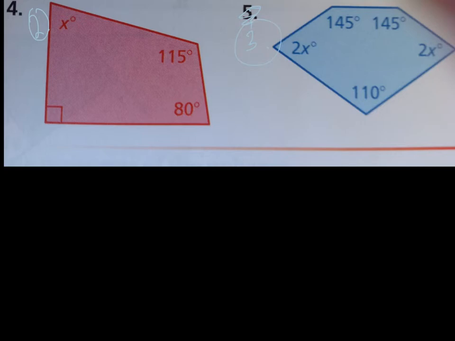So find out what the sum of the interior angle measures should be using the formula S equals n minus 2 times 180. Then add them all together and set them equal to that number, and then solve for x.